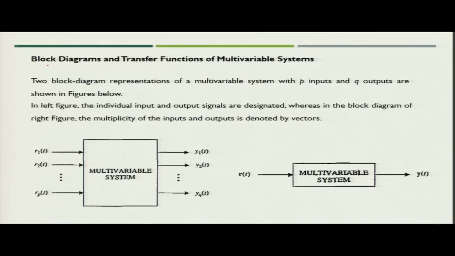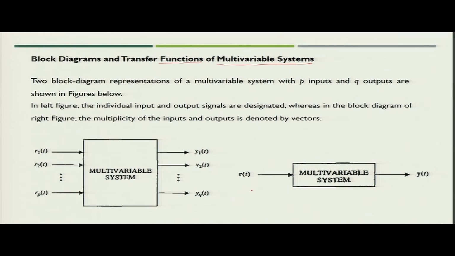Now, let us see, when you have multiple inputs and outputs, that means we have a multivariable system, how we will find the transfer function. If you see this block diagram, here you have one multivariable system where there are multiple inputs from r1 to rp, and outputs from y1 to yq.